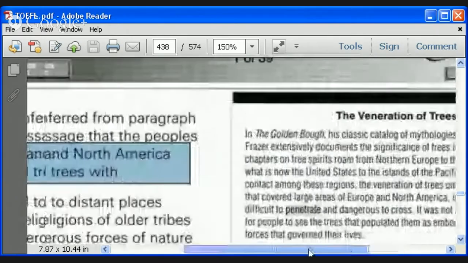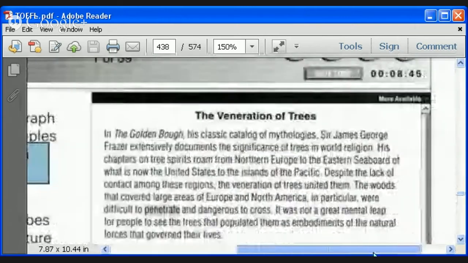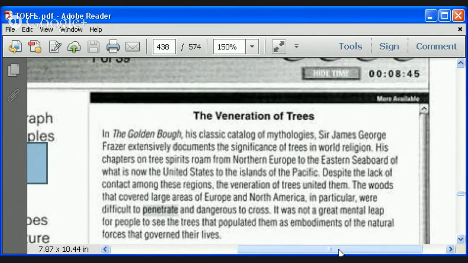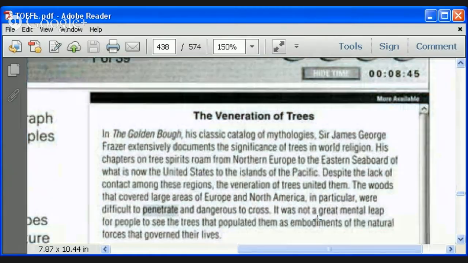Europe and North America associated trees with what? What did they associate trees with? Hmm. Maybe answer B. Maybe. And in fact, the last sentence here is not a great mental leap.